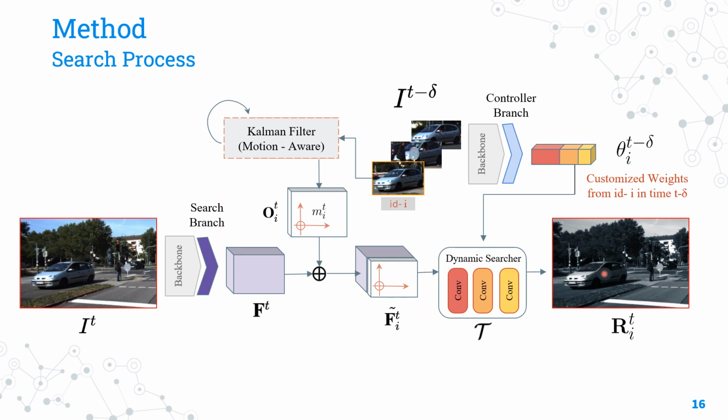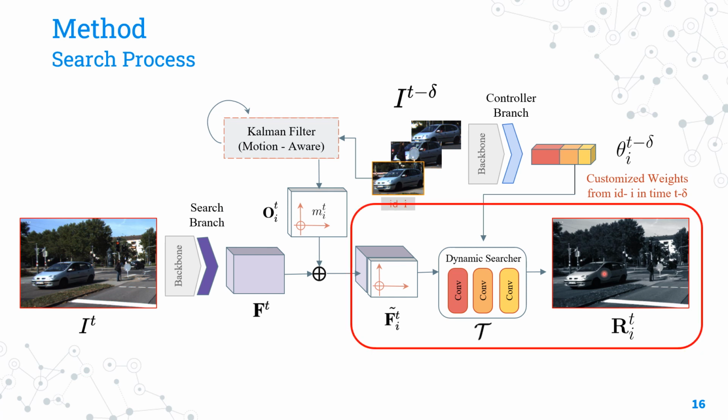The customized weight theta realizes a dynamic searcher T for the object with ID I. By taking the motion-aware feature F tilde as input, the dynamic searcher outputs a response map R indicating where the object could be located.